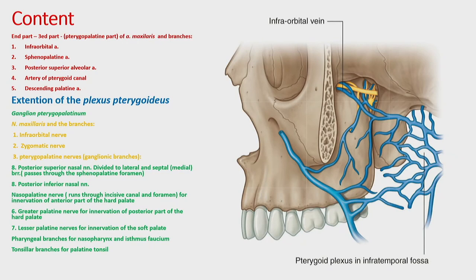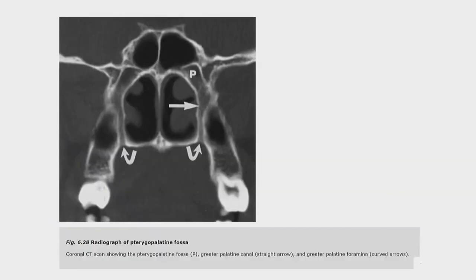As I said, the medial extension of the pterygoid venous plexus in the infratemporal fossa could extend to the pterygopalatine fossa because it's a plexus, so it's variable, and some veins can reach the pterygopalatine fossa together with the maxillary artery. These two structures are located in the infratemporal fossa and also the pterygopalatine fossa, and they communicate through the pterygomaxillary fissure.